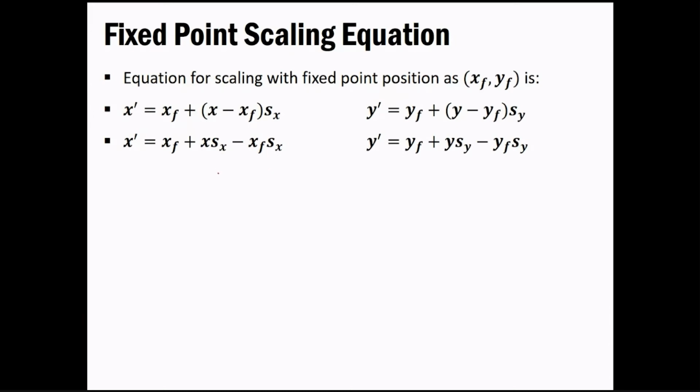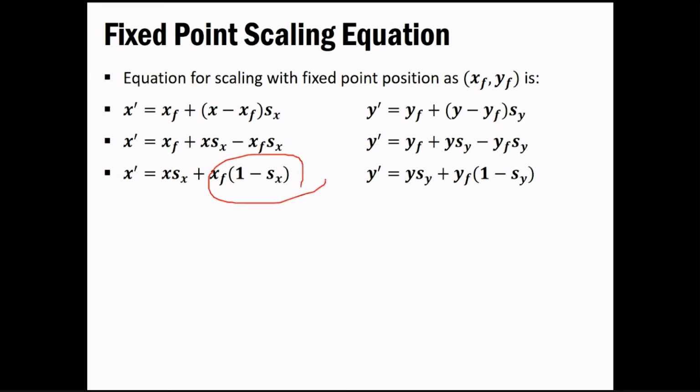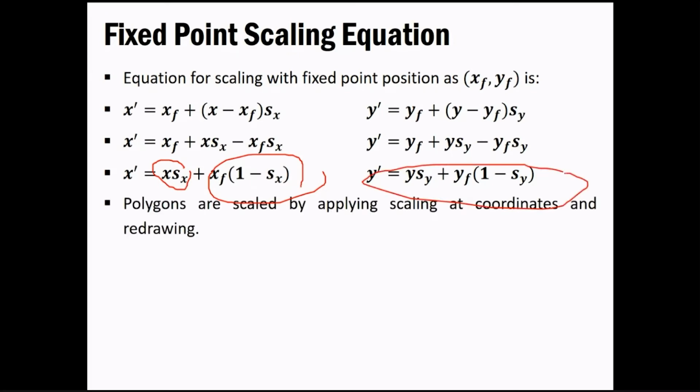Then we find something in common: xf. Taking xf as the common term, you get 1 minus sx, and obviously you also have x sx. A similar thing is done on the y side, and you get one equation that you can easily use for your own purpose.